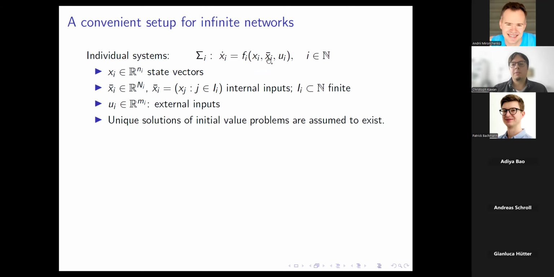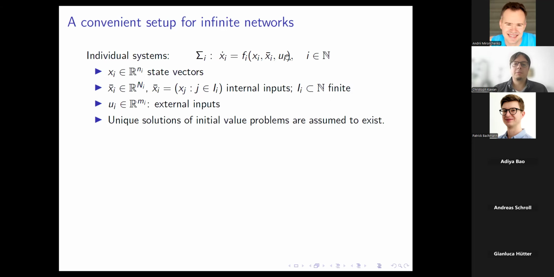Then we have an x_i bar, which is also finite dimensional. It's a tuple of state vectors of neighboring subsystems x_j, where the index j ranges through some finite set of neighboring indices. That's an important assumption: each of these subsystems can only be influenced by finitely many other subsystems.